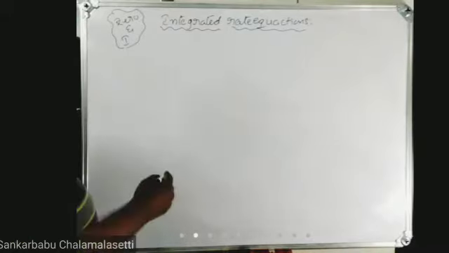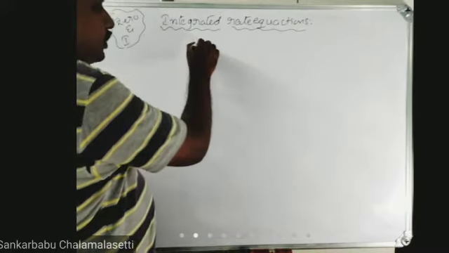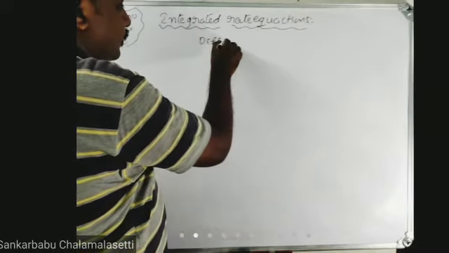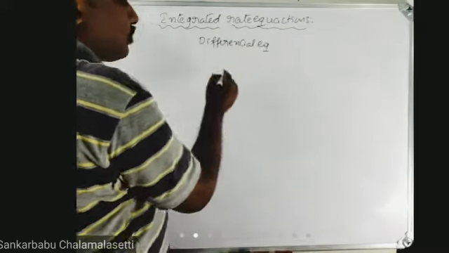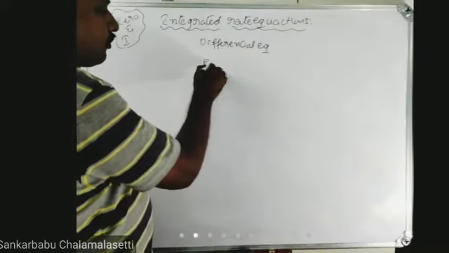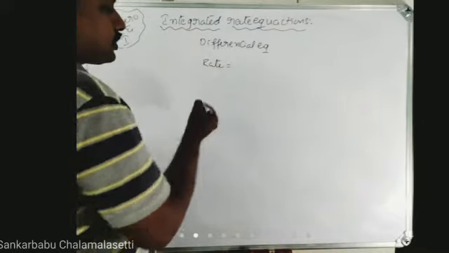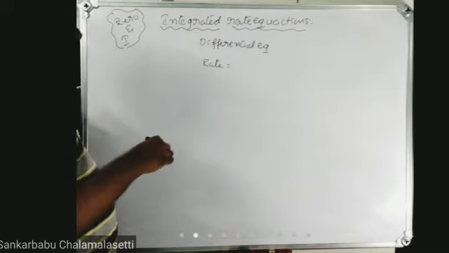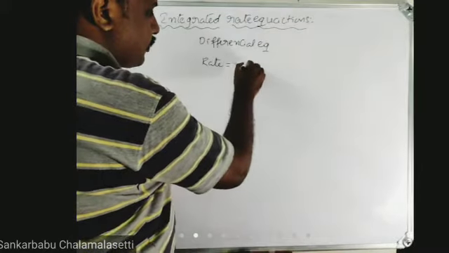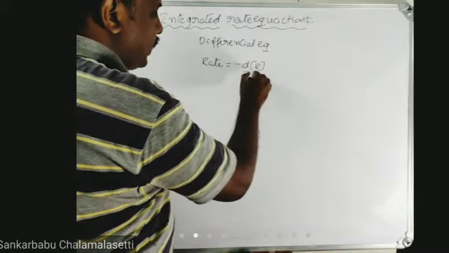In the previous class, we studied about a differential equation. That differential equation is nothing but expressing the rate in terms of differentiation, that is minus dR by dt.